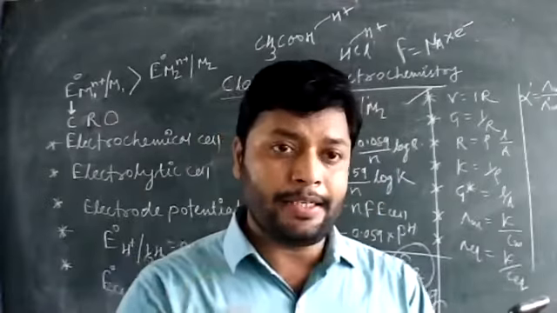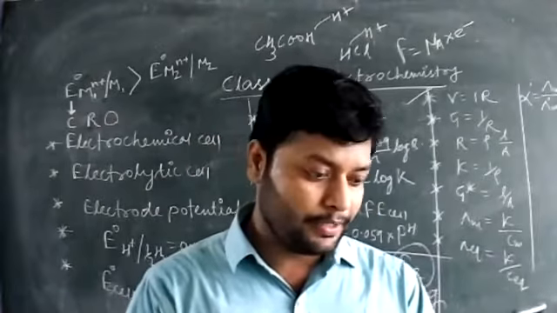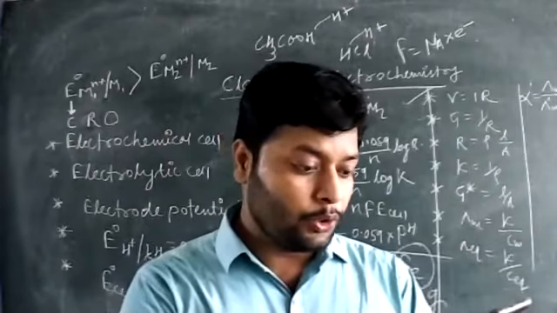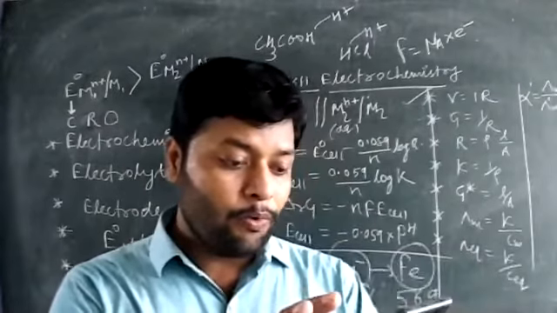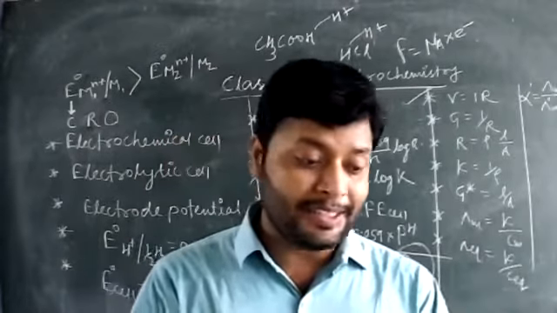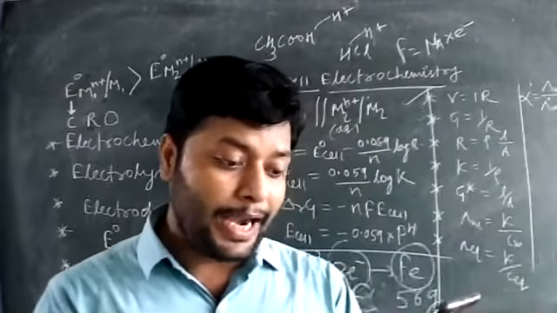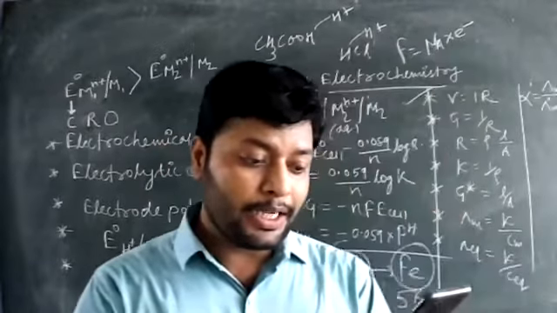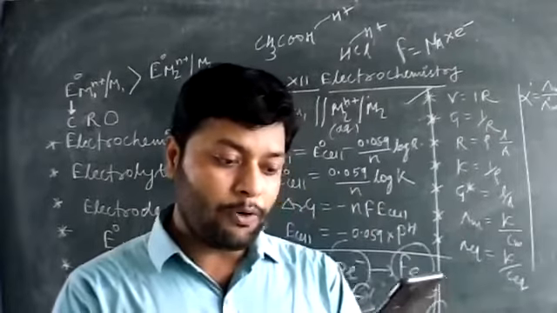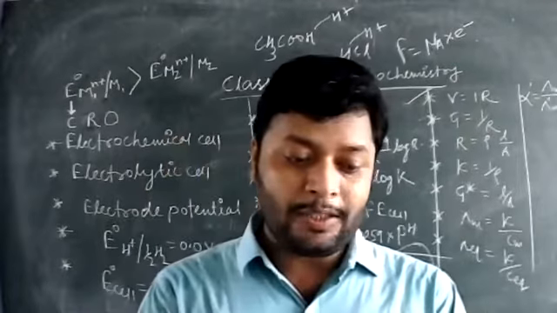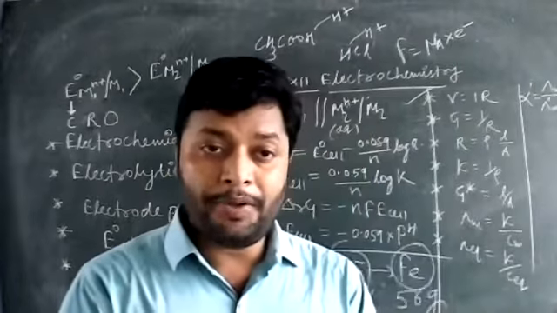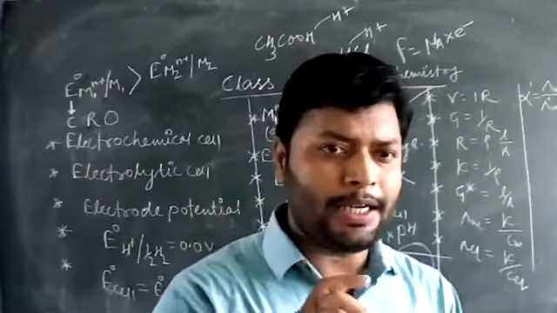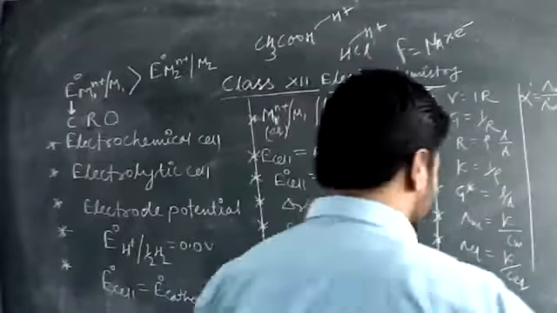A steady current, steady means constant, of 1.5 ampere was passed through them until 1.45 gram of silver was deposited at the cathode of cell B. How long did the current flow, and what mass of copper and zinc were deposited? We have a full concept related to Faraday's law. Let's discuss that.